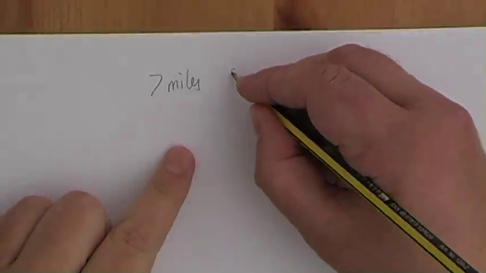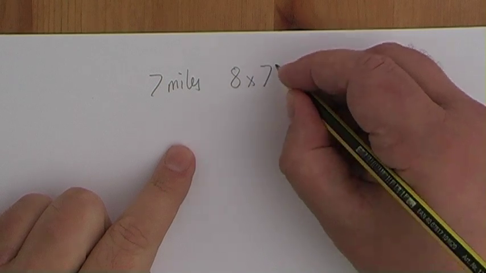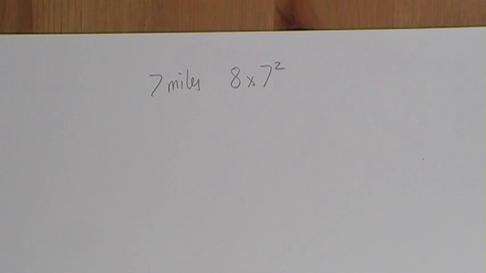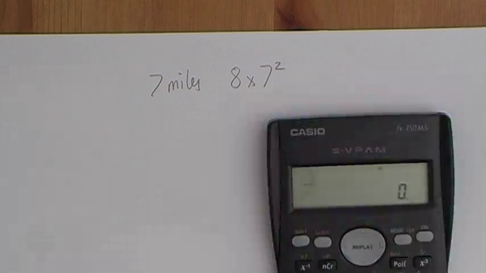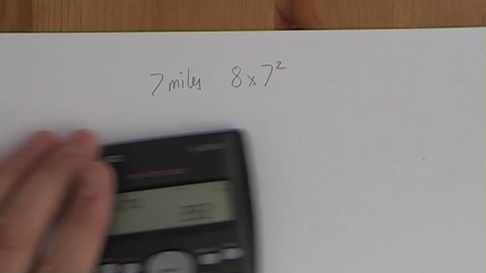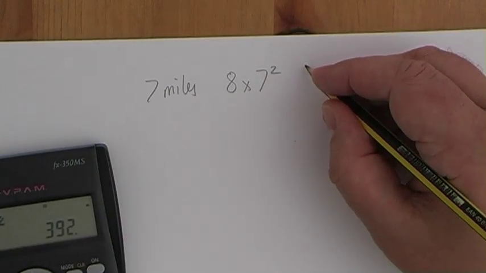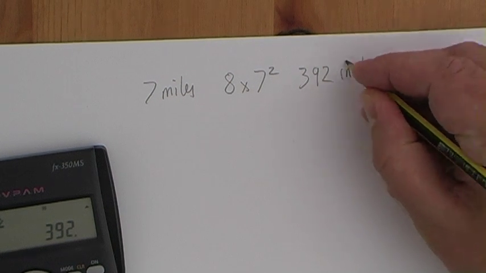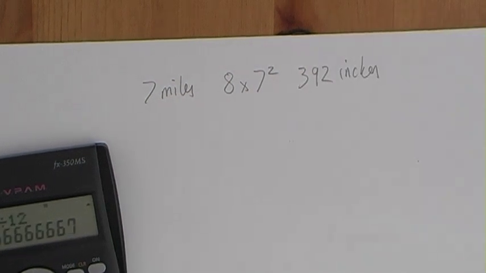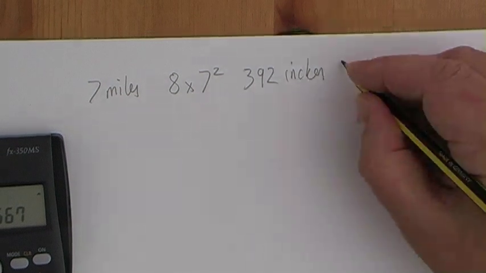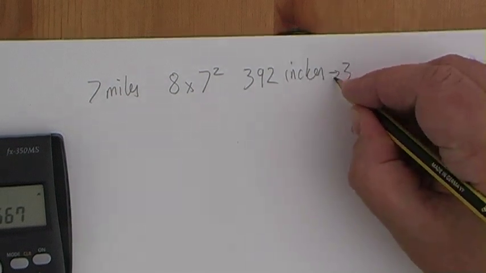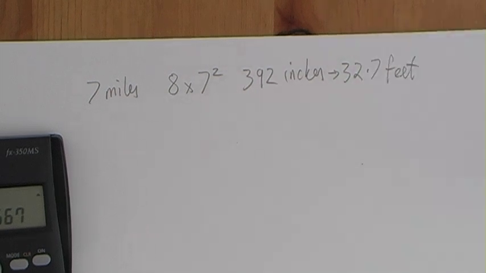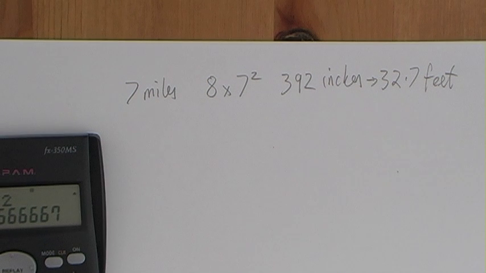So it's just going to be 8 times 7 squared, because the rest of the formula has h in it, so if h is 0, it just disappears. So it's 8 times 7 squared, which is 392 inches, divided by 12, so that gives you 32.7 feet. So that's the drop down over 7 miles.